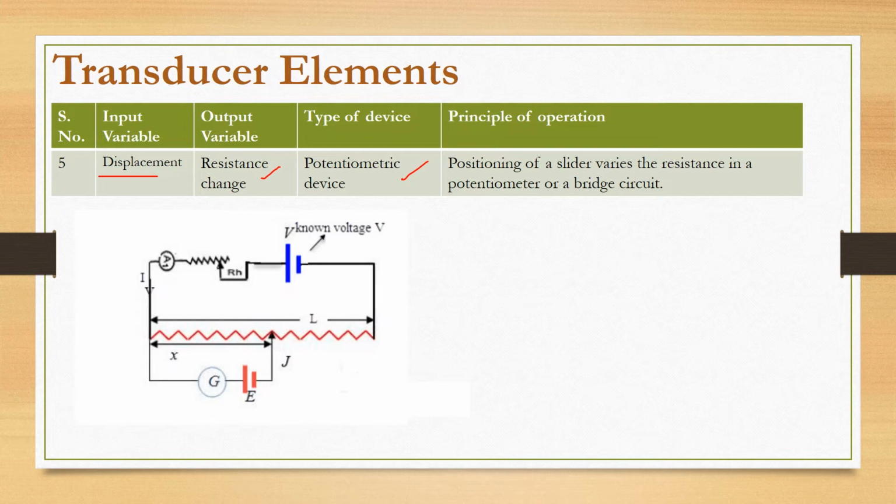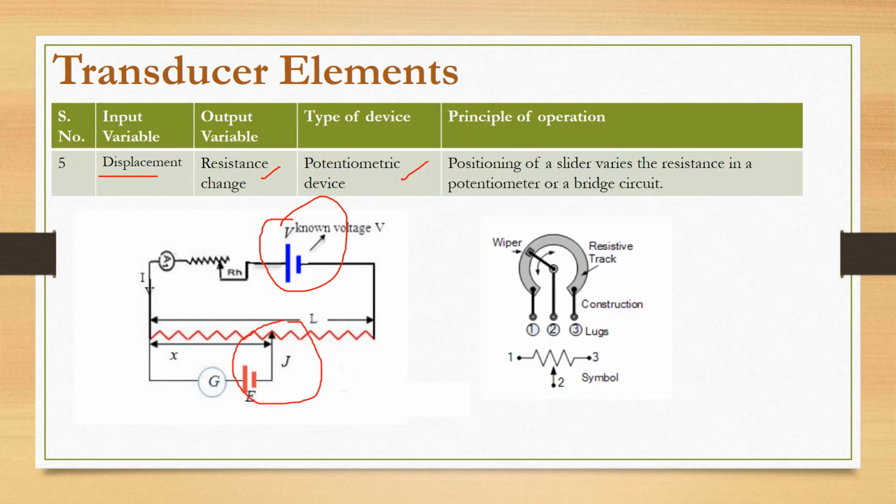As we move this slider, this will result in the change in resistance, and because the resistance of the circuit is changing, we will get different voltages. Then this displacement can be calibrated to read the different voltage, and by knowing the voltage we can know the change in displacement.